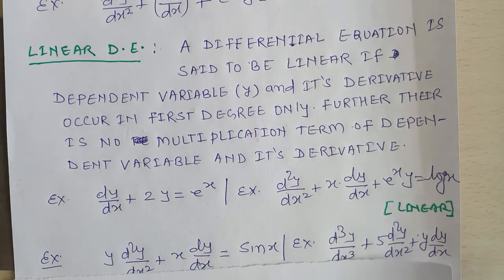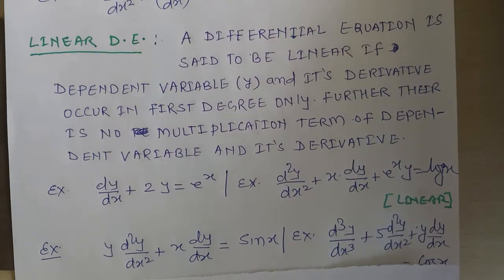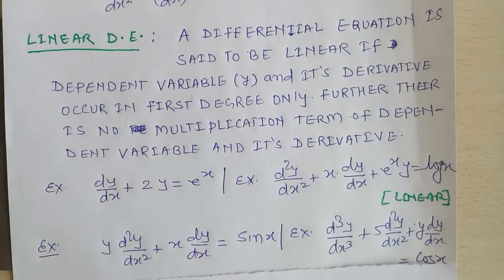But at the same time, in this example, this is a differential equation, but here dy by dx has power 1, d2y by dx2 has power 1, but here the dependent variable y is multiplied by the second order derivative, so this is not a linear differential equation.